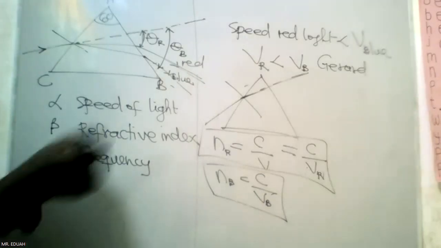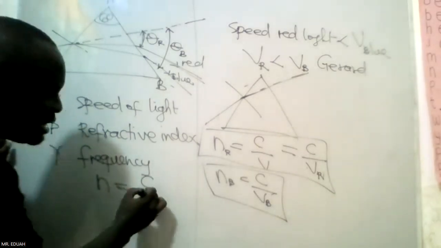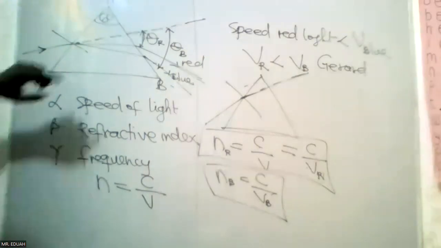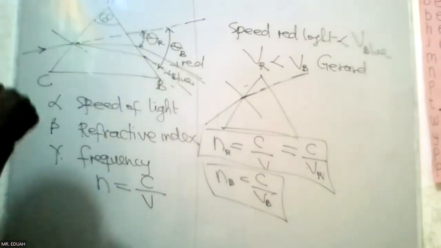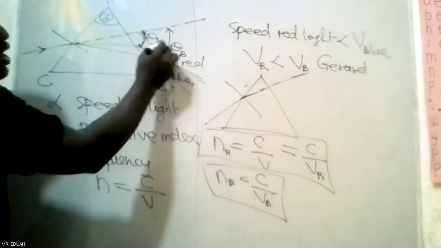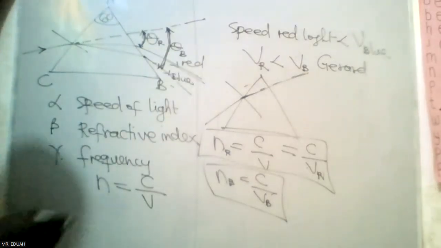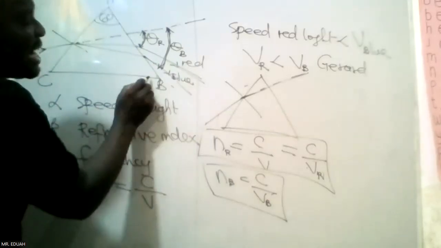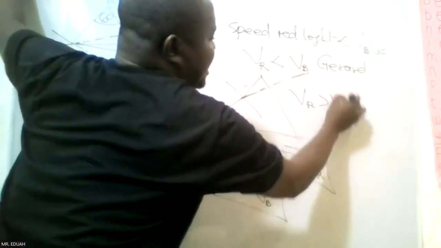We can also define the same thing using speed of light. Absolute refractive index is the speed of light in air divided by the speed of light in a material or medium. Now, red light is less deviated. Look at the angle theta, very small compared to the angle of deviation by blue light. Meaning that in terms of speed, red light has a greater speed than blue light. So VR is greater than VB.